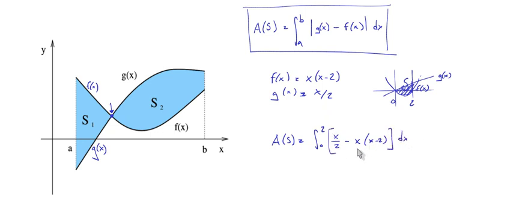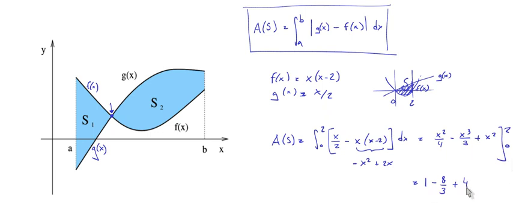We can expand this: it is x over 2 minus x squared plus 2x. The integral of this is x squared over 4 minus x cubed over 3 plus x squared, and we have to evaluate it between 0 and 2. So at 2 we have 2 squared over 4, which is 1, minus 8 thirds plus 4, and at 0 all of this is 0.